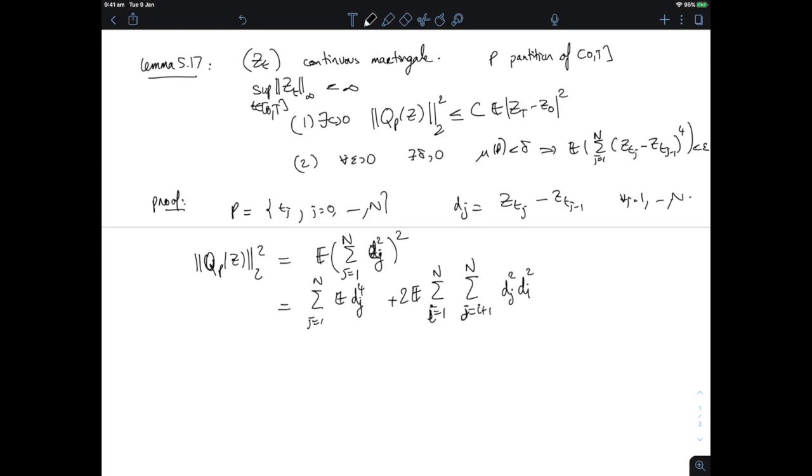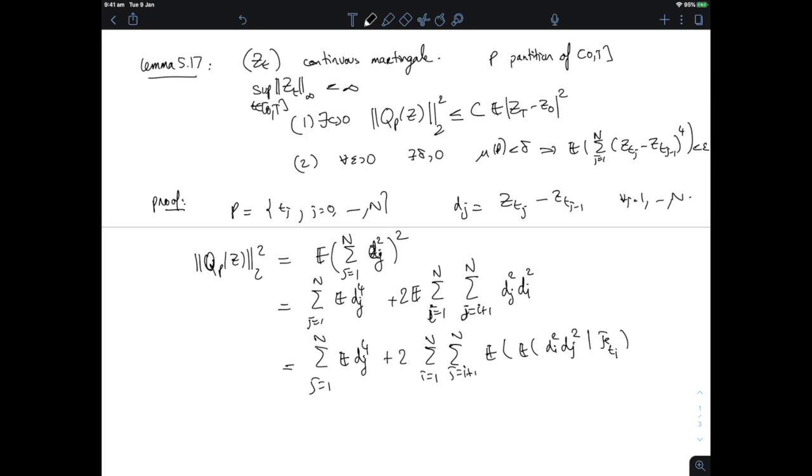Right, so let's compute a bit this second expectation here. As always, I can condition on whatever I want, and that's not going to change the expectation. So I've got this sum i equal 1 to n, the sum j equal i plus 1 to n, and I'm going to take the expectation of the conditional expectation of d_i squared d_j squared, and I'm going to condition on F_{t_i}.